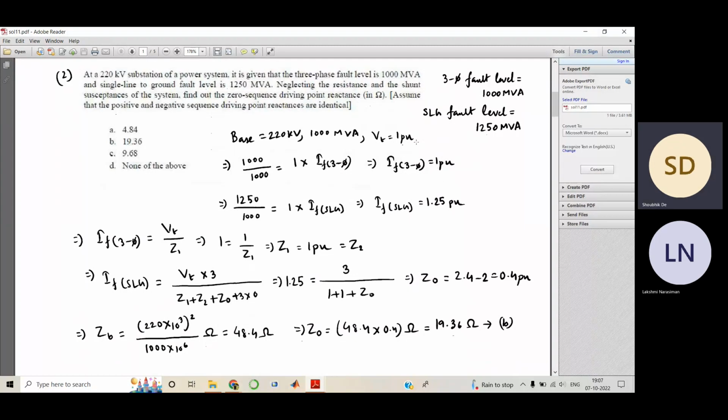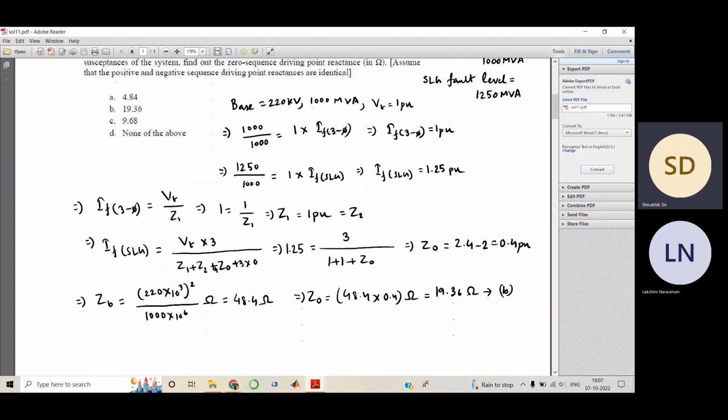Now, in the question, neglecting the resistance and the shunt susceptance, find out the zero sequence driving point impedance. So here what I did, it is pretty simple. We know the formulas, right?